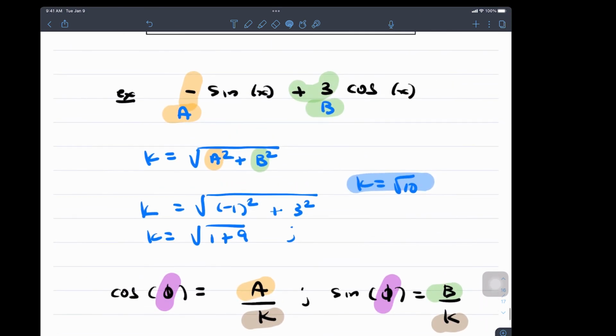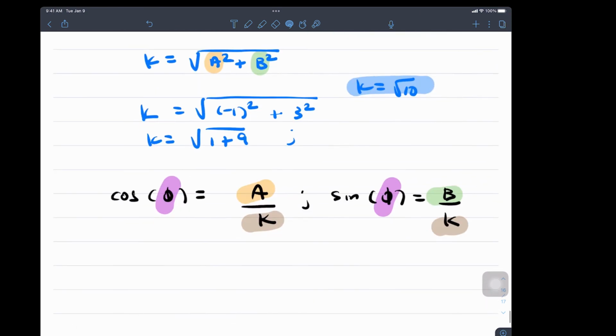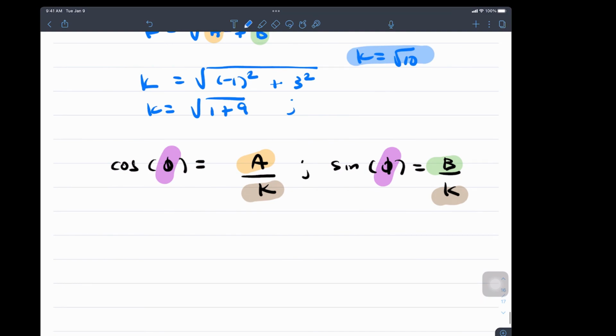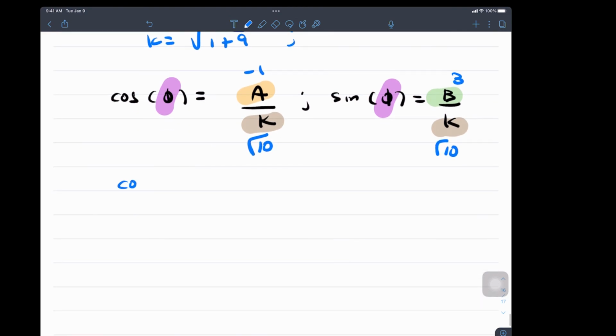So what's A? -1. What's B? 3. Cosine phi is -1 over the square root of 10. Sine phi is 3 over the square root of 10.